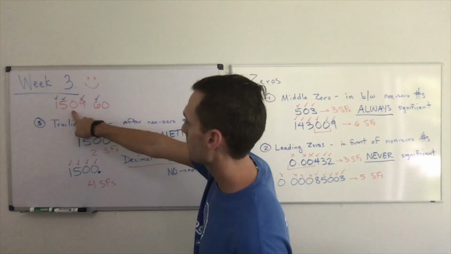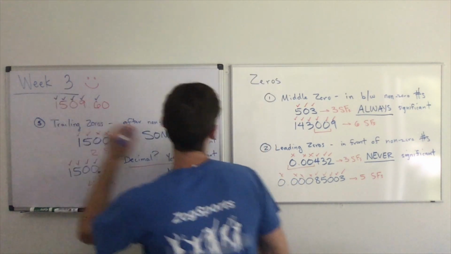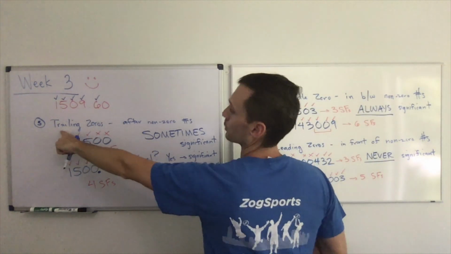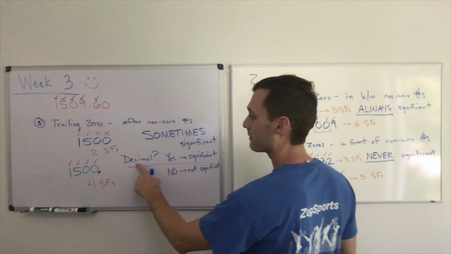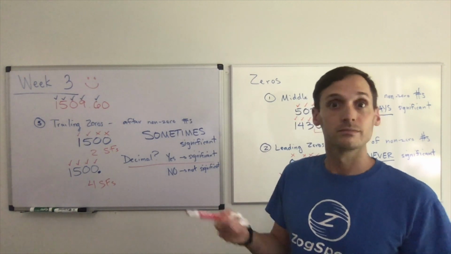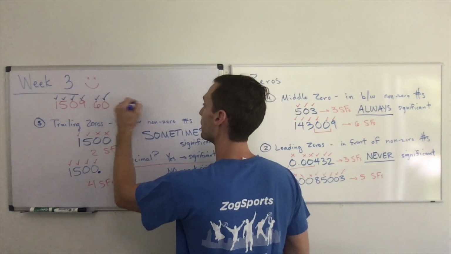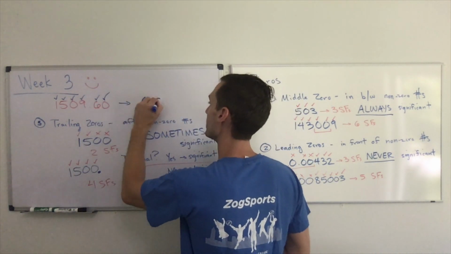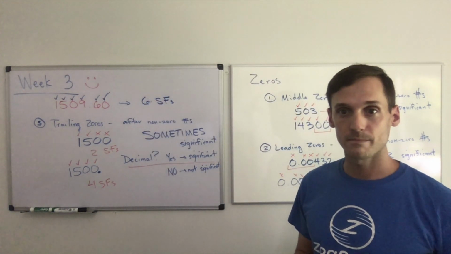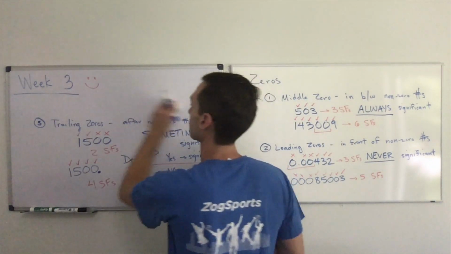But then, what type of 0 is this? It's in the middle, so it's going to be a middle 0 and it's significant. And then this 0 is a trailing 0. So all we have to do is ask ourselves, is there a decimal somewhere in the number? The answer is yes. So that would also be significant, and we would end up having 6 significant figures. Okay? Let's do one more, and then we'll go on to rounding.